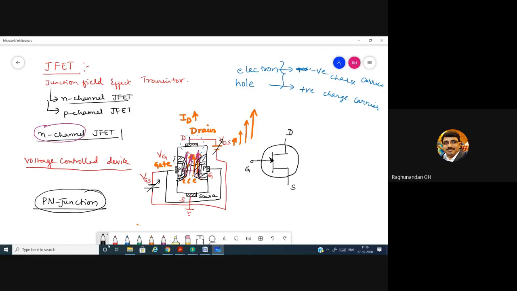Now, one thing can you observe here? The width here is more compared to the width here. Can anyone guess, or tell me if you know, why the width is more towards the N layer, that is towards the drain terminal, and quite less towards the source terminal?